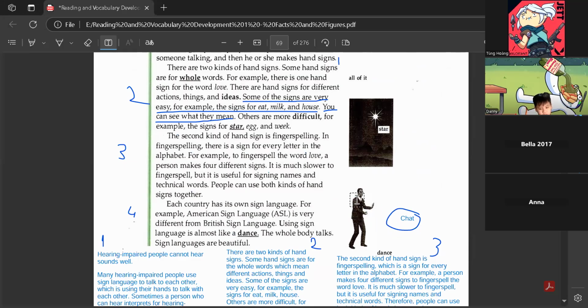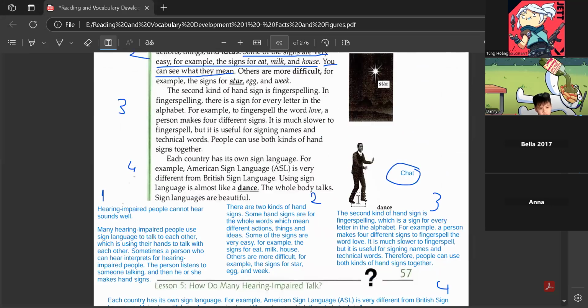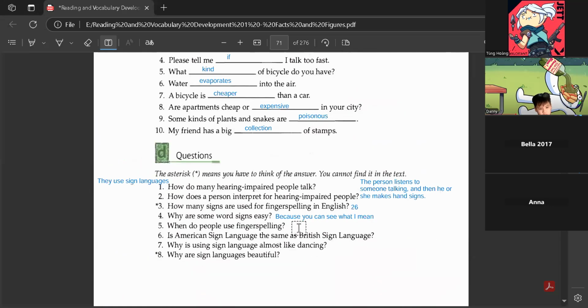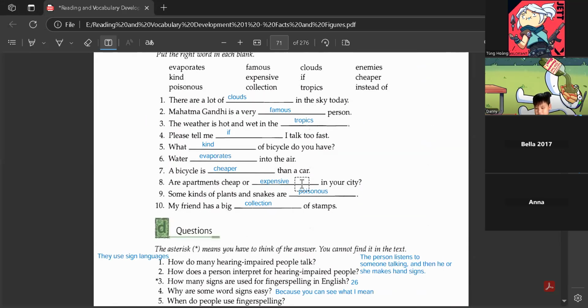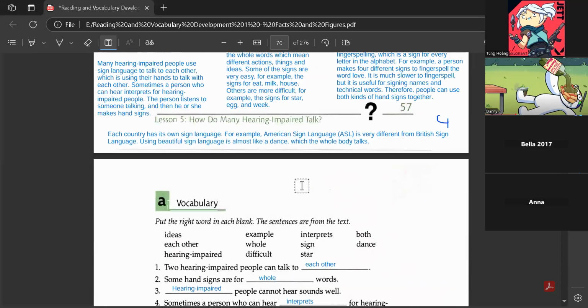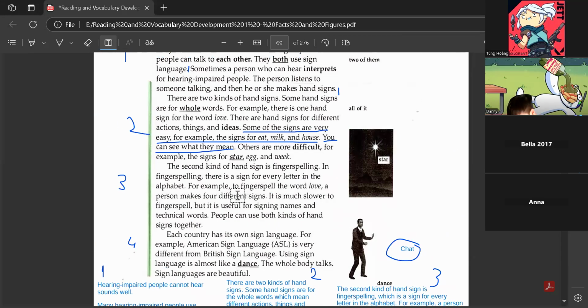He or she cannot hear. So they are hearing impaired. It's not correct.